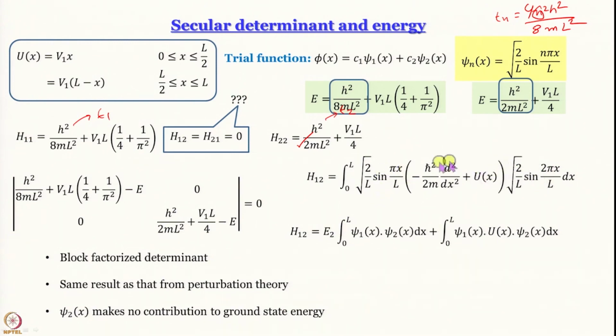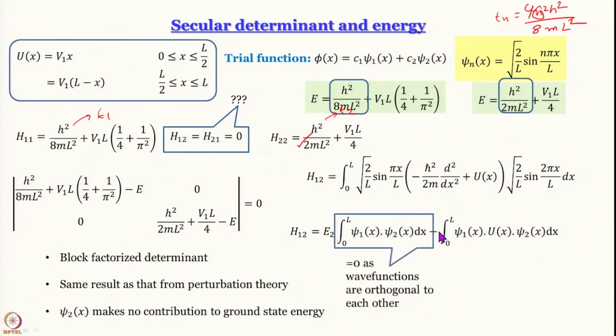The eigenfunction of the Hamiltonian gives me an eigenvalue of E2. When the unperturbed Hamiltonian operates on psi 2, I get E2, which is a constant and comes out of the bracket, and I integrate from 0 to L psi 1 of x multiplied by psi 2 of x dx. That is definitely equal to 0, because psi 1 and psi 2 are orthogonal to each other.